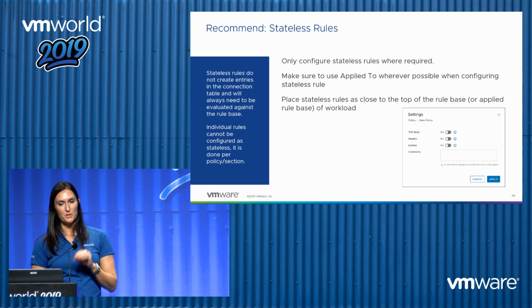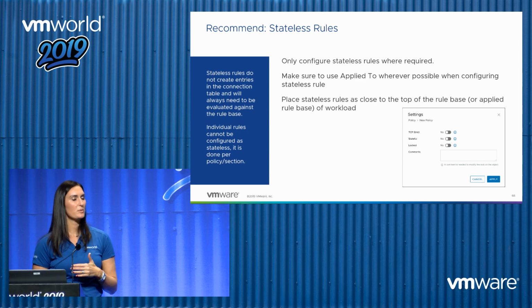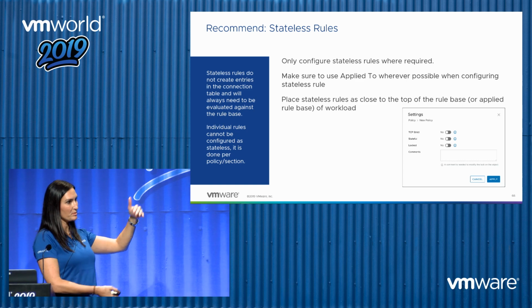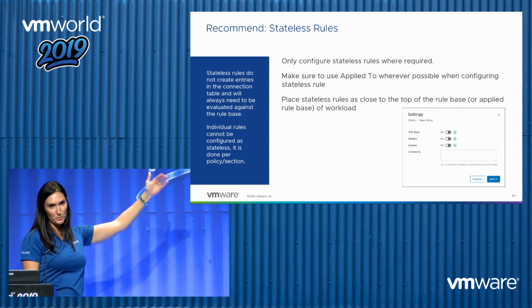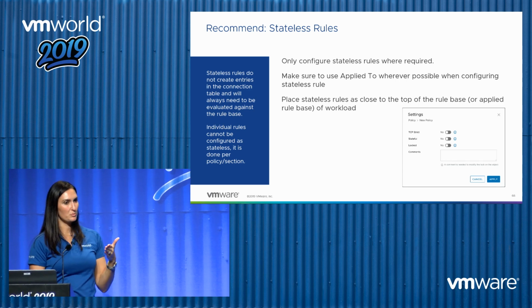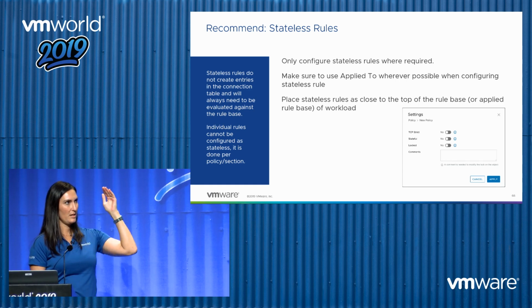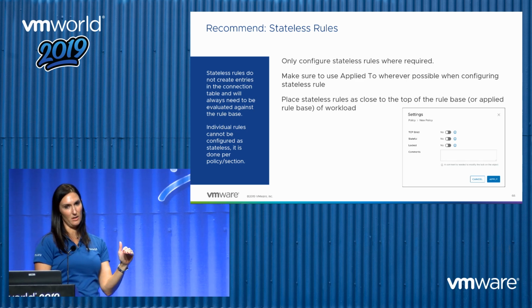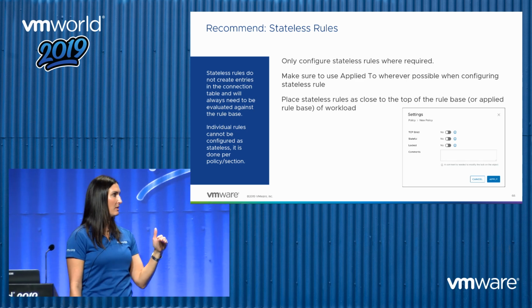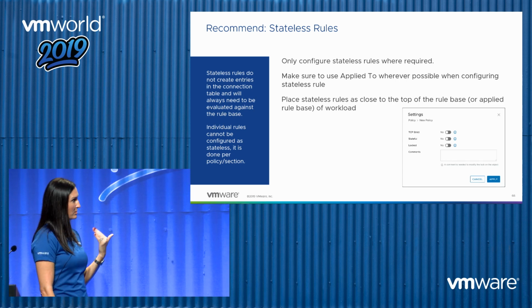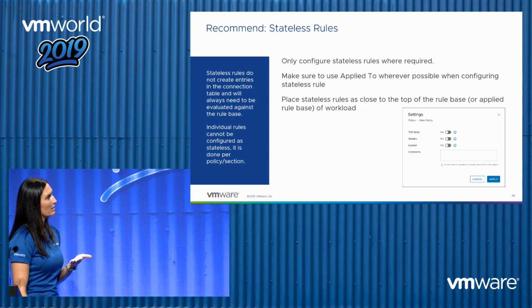When you're creating stateless rules, you definitely want to make sure that they are towards the top of your entire rule base. Otherwise, that packet for the stateless rule is going to hit every stateful firewall rule, knowing that it's never going to match on one of those, and again waste memory and resources in order to get to where it needs to go.